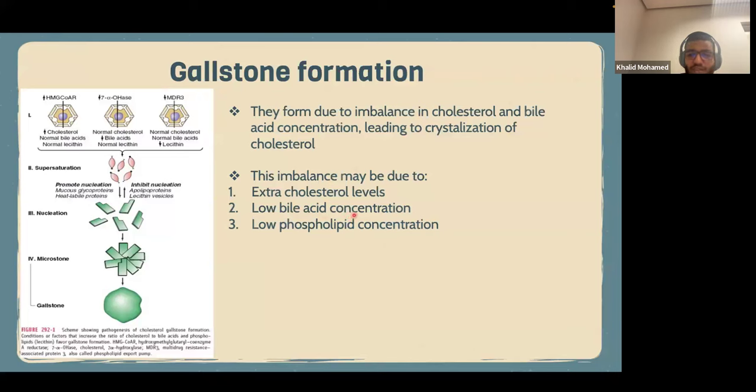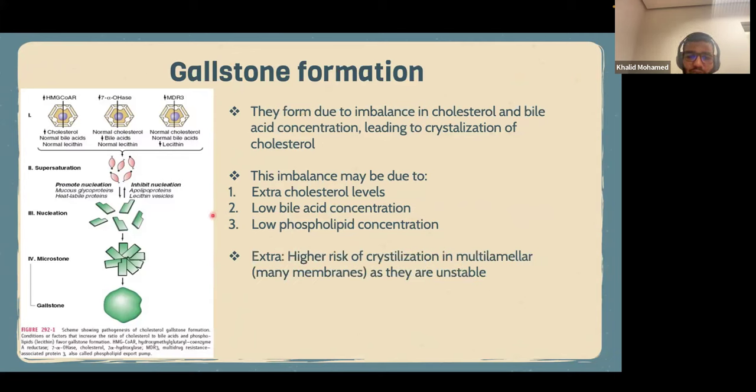If you have normal levels of cholesterol, but nothing to solubilize it, then we're at risk of forming gallstones. Okay, and finally, low phospholipid concentration, because phospholipids also help in forming the mixed micelle and solubilizing cholesterol. So if you have low phospholipid concentration, also a risk of forming gallstones.